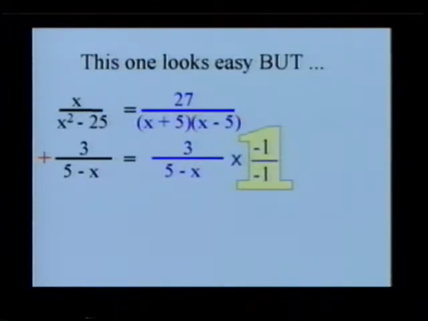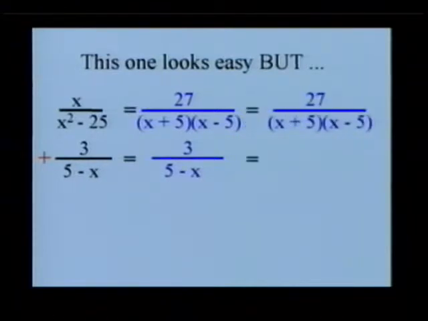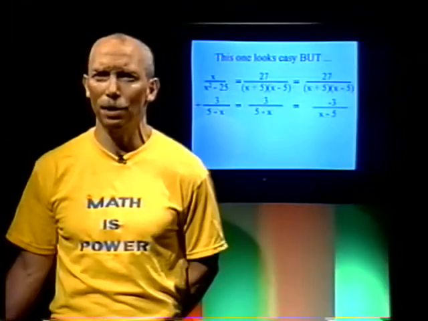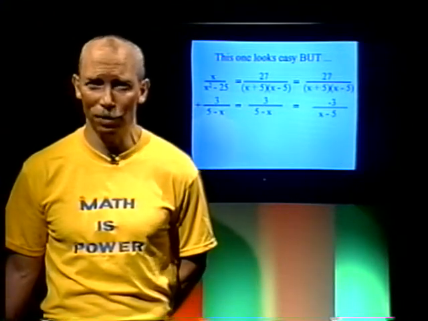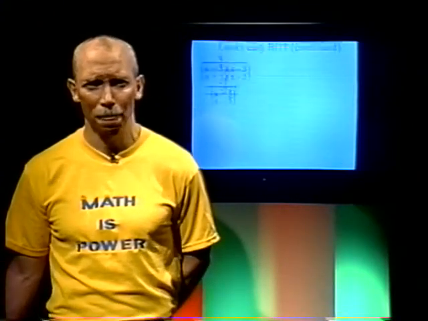I'm going to multiply. Remember, you can throw it anywhere you want, minus 1 and minus 1. So I'm going to say that this new improved fraction is not 3 over 5 minus x, but rather minus 3 over x minus 5. Whenever you have the flip of something, as long as you do it to the top and bottom, you're going to be okay. So now I got an x minus 5. It makes for an easier LCD.